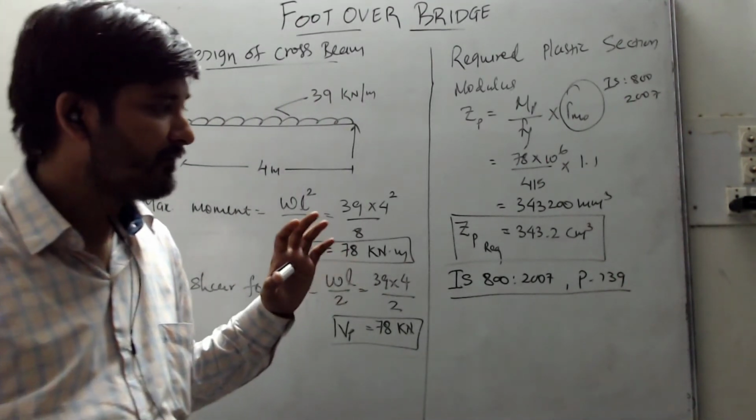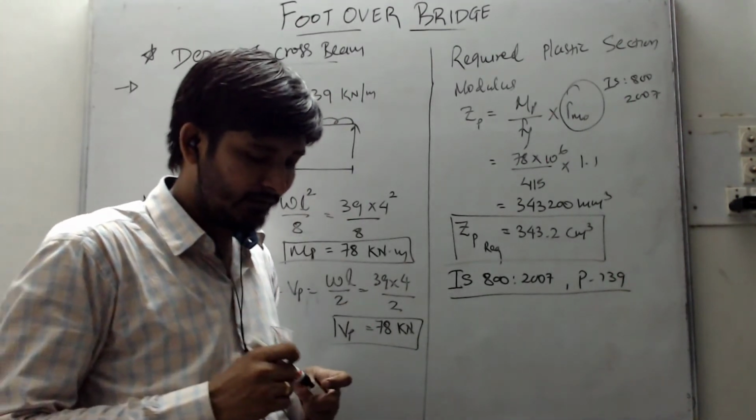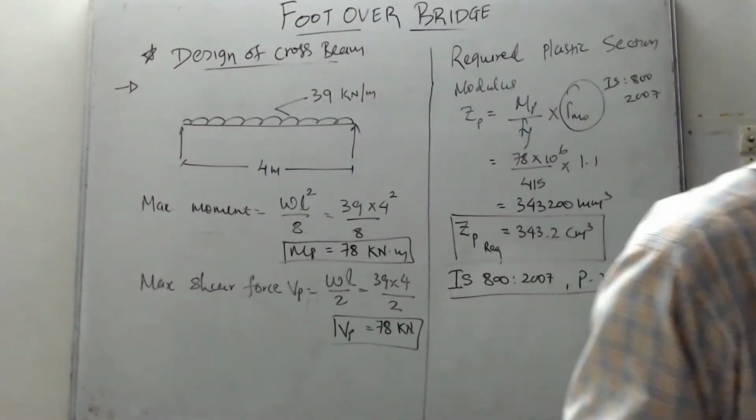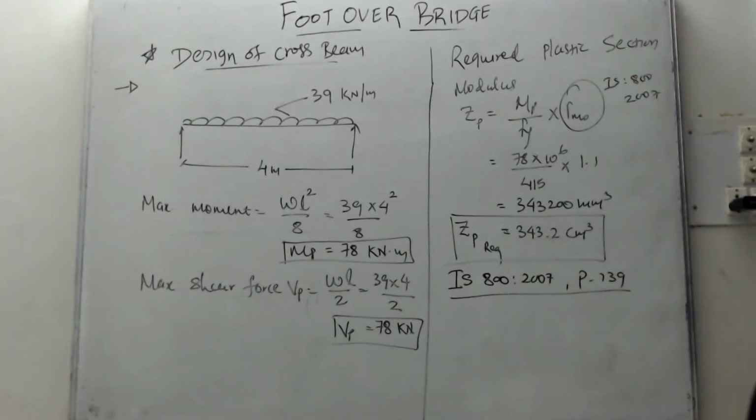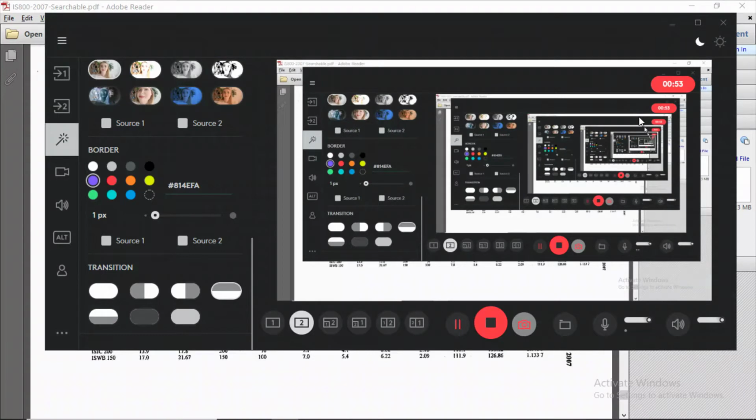Let us go through both one by one. First I'll show you the IS code page number 139, from where you can select the ZP values, right? So just a second.